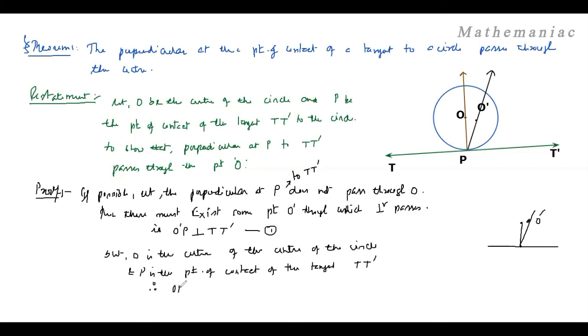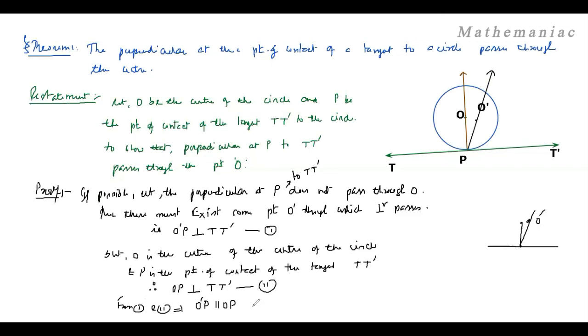Therefore, OP must be perpendicular to T dash, because theorem one says so, right. So now from 1 and 2, what will you conclude? O dash P must be parallel to OP. Okay, how can O dash P and OP be parallel? Because O and O dash are different points, right?